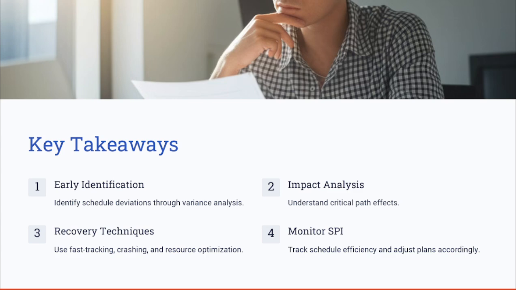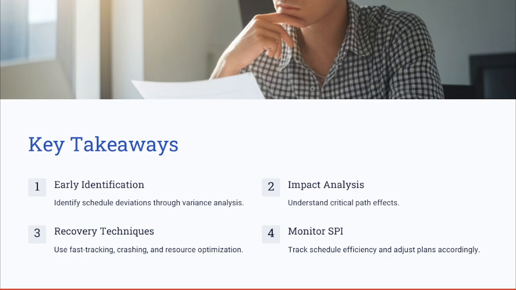Our takeaways here are on managing the schedule baseline deviation and how to deal with it. We talked about identifying schedule deviations early through variance analysis, which helps you mitigate these risks more proactively. We also talked about conducting impact analysis to understand the critical path effects and the overall project delays.